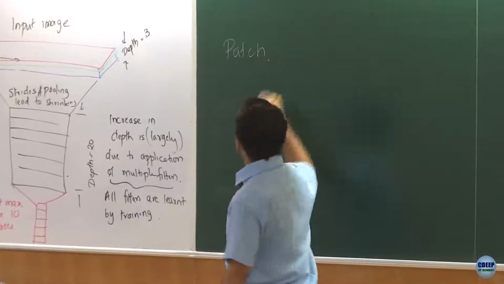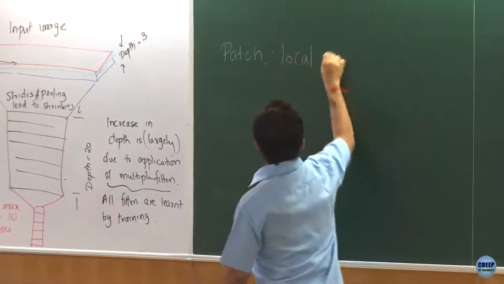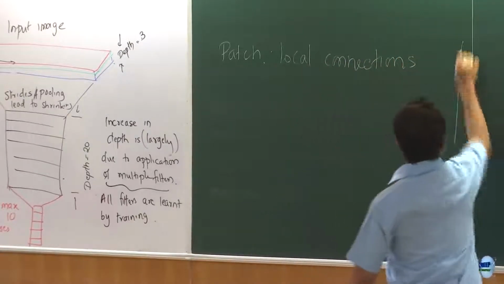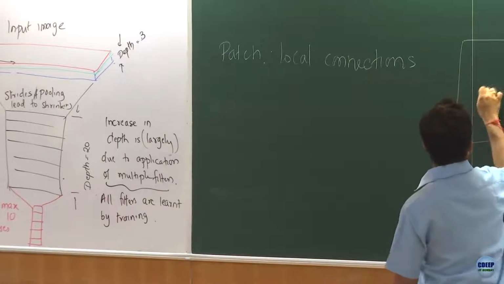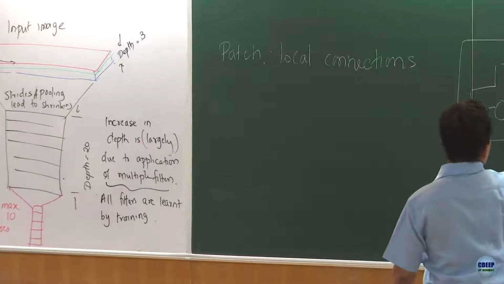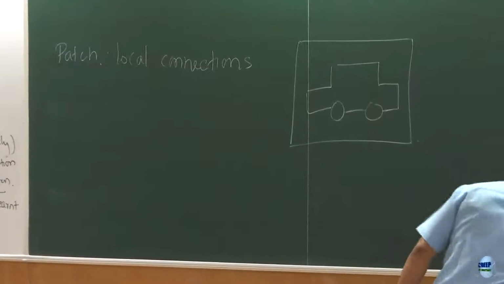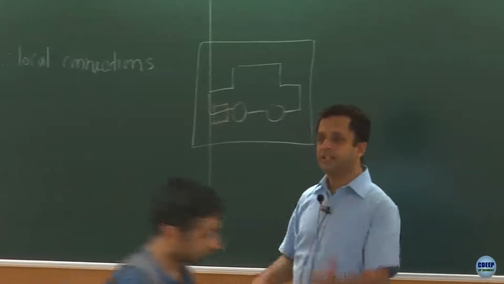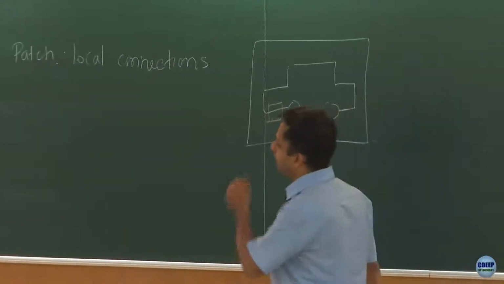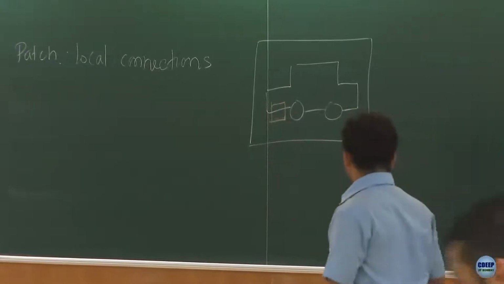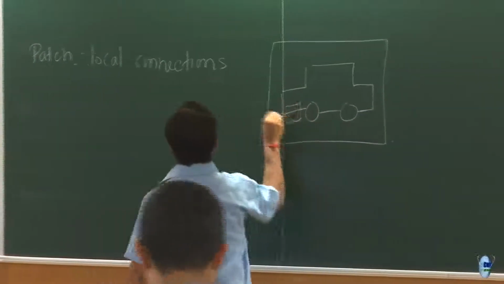Patch was basically local connections. And it's good to keep this example in mind. I am trying to learn how to detect a car. The patch that moves around tries to consider local connections and detect local objects, and I already gave example of edges, right? So this is a case of patch.